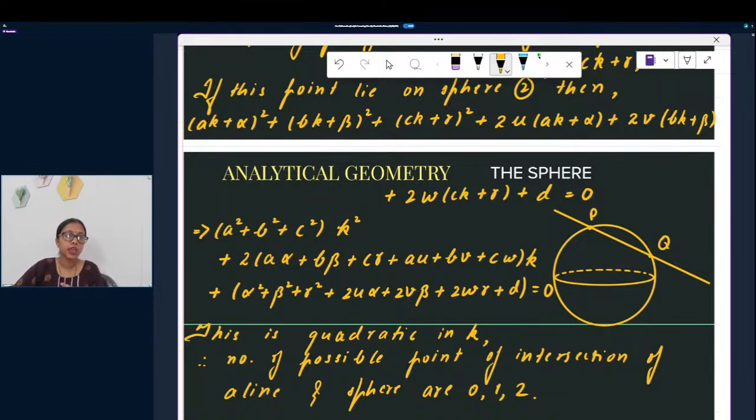Okay, can you tell me what the possibilities are if I solve a cubic equation? If I get a cubic equation in k, how many points of intersection can we get? What is the possible number of roots of a cubic polynomial?